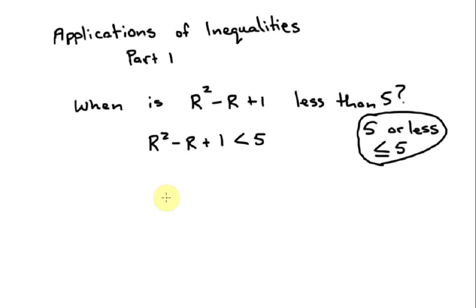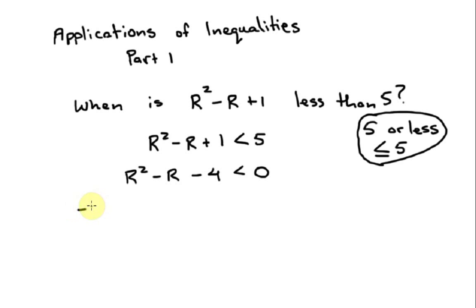Well, my goodness, that's just an inequality which I can go ahead and solve. So I'm going to move that 5 to the left side. I'm going to subtract 5, so that's now minus 4 and less than 0. This thing doesn't factor, so I'm going to go ahead and use the quadratic formula.